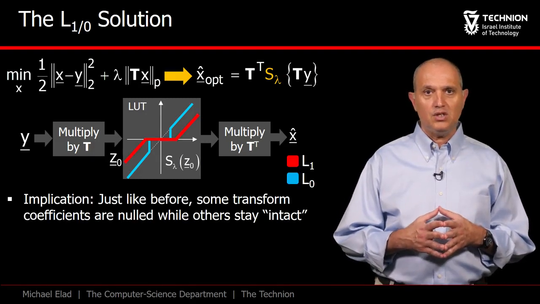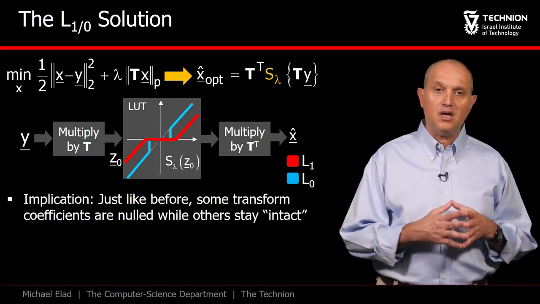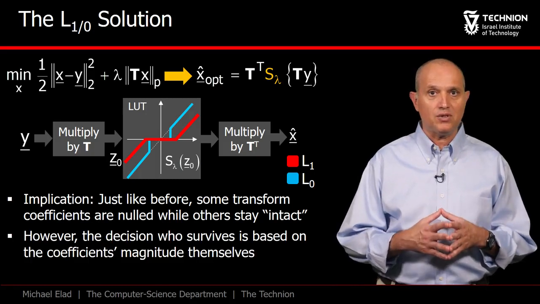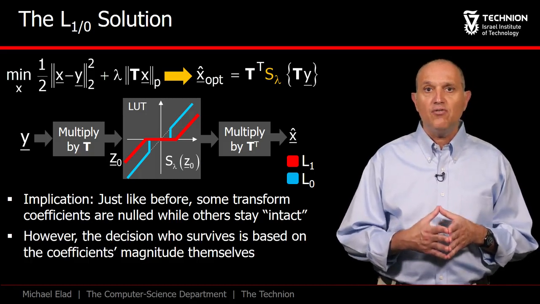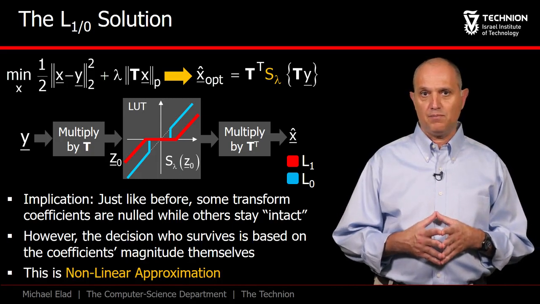And so, just like in the linear approximation scheme, few transform coefficients are left nearly untouched, while others are attenuated. However, this time the decision which survives the process depends on the coefficient's magnitude, without the need for an external guide. This is the nonlinear approximation scheme.